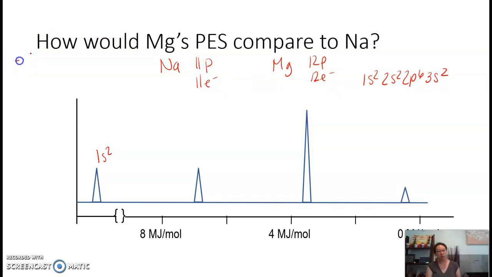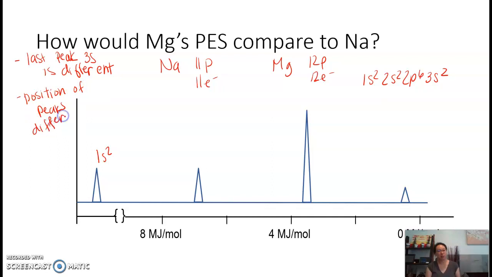So to sum up, the last peak will be different, and we're going to go over how it's different, and then the position of the peaks, or the location, is also different.